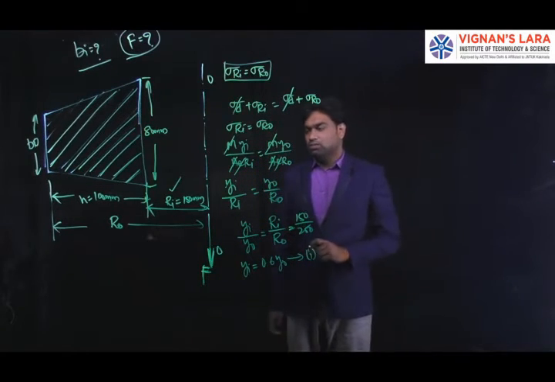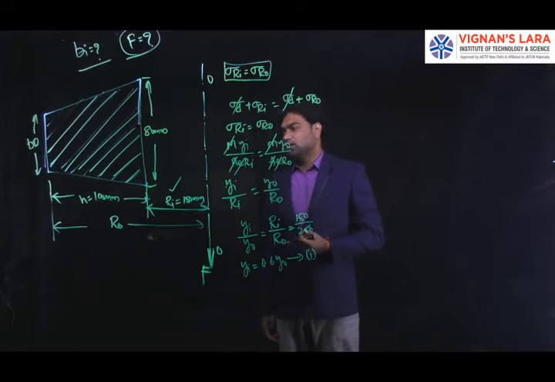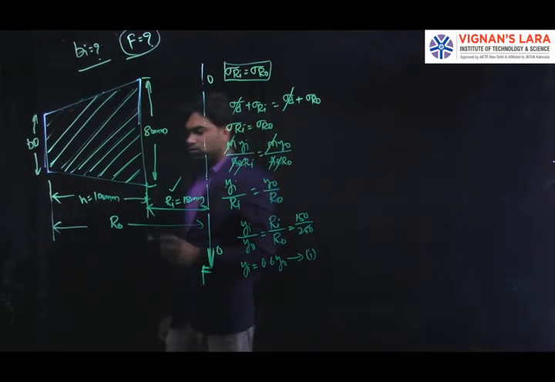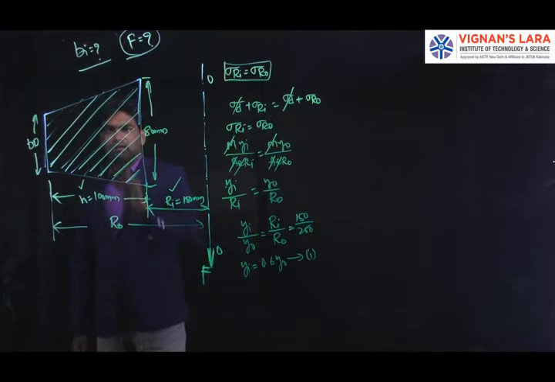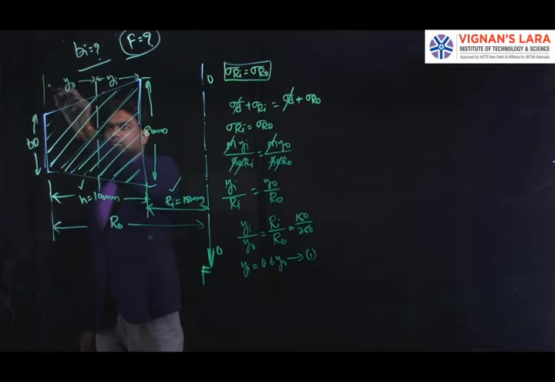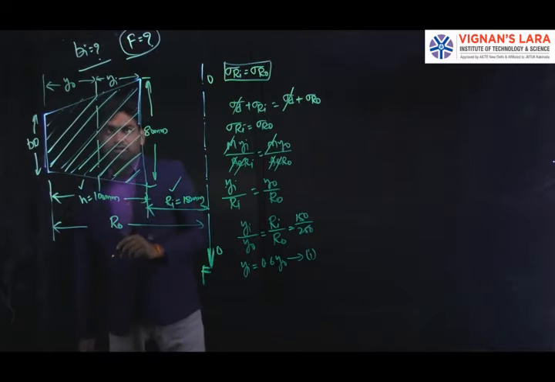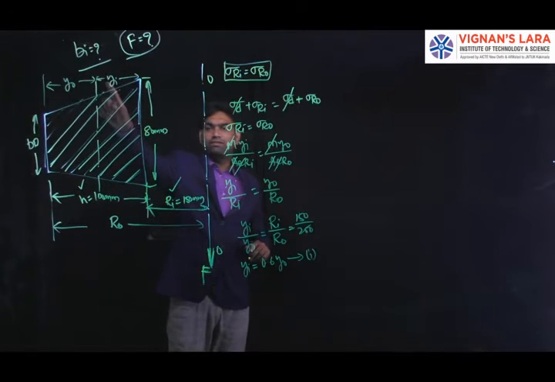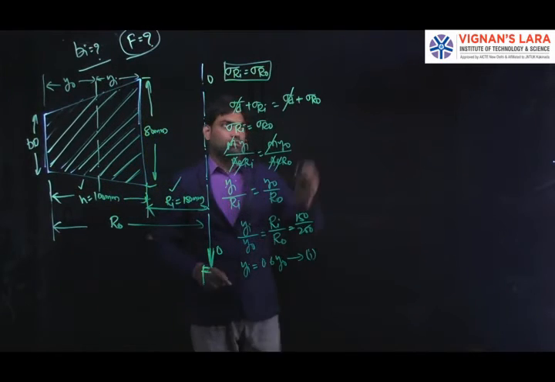Clear? Apart from that, from the figure or diagram, the total height h can be written as follows. If you locate the neutral axis here, this represents yi and this represents y naught. So the total depth h should be equated to yi plus y naught. Clear?